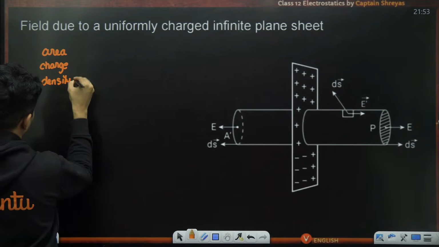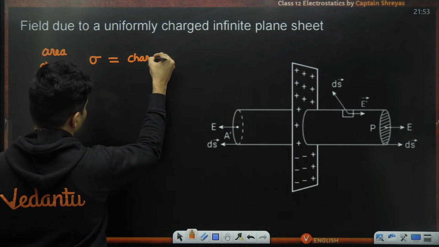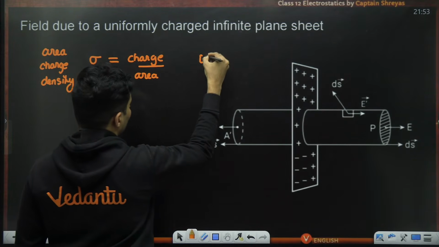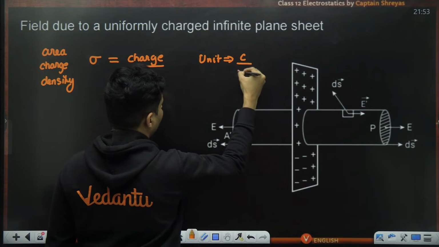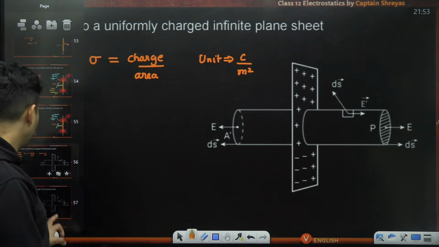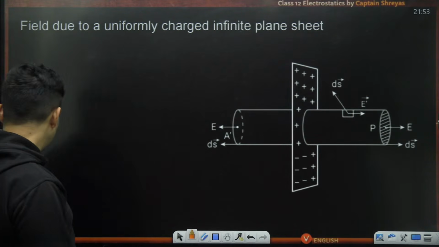The symbol for that is sigma, which is nothing but how much charge is there per unit area, and the unit for that, because it is charge, so it will be coulomb, and area is meter square, so coulomb per meter square.